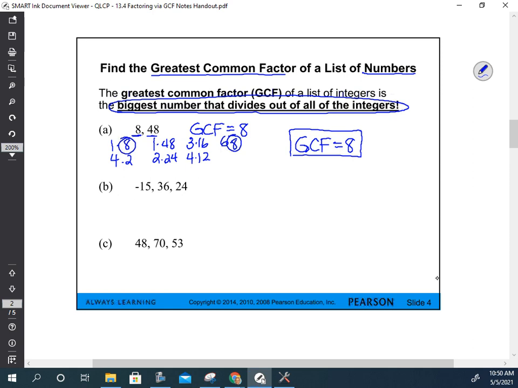Negative 15 divided by 3 is negative 5. 36 divided by 3 would be 12. 24 divided by 3 would be 8. So negative 5, 12, and 8, there's nothing else that divides out. That means your greatest common factor is 3.